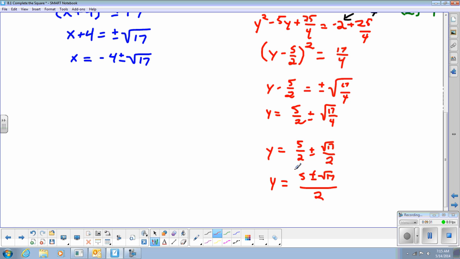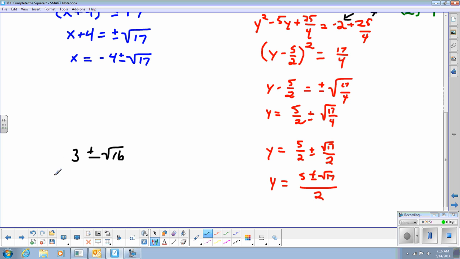And I can't simplify any further with this one because I still have an irrational number. Understand this, one other thing for a side note: if you get a final answer that looks like 3 plus or minus the square root of 16, well, the square root of 16 is a perfect square.